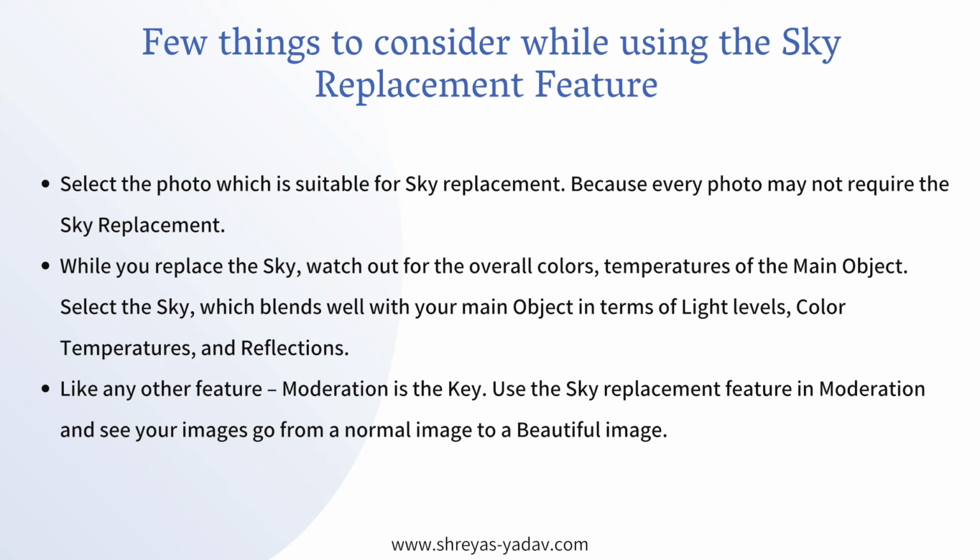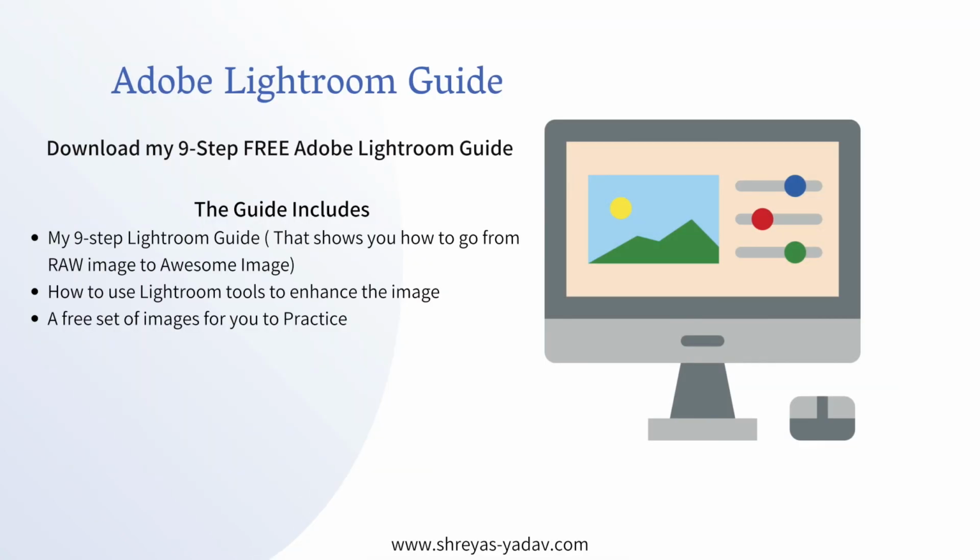Otherwise, your image will look pretty artificial. And like any other feature in post-processing, moderation is the key. If you use the Sky Replacement feature in moderation, you will see your images go from normal images to beautiful images.